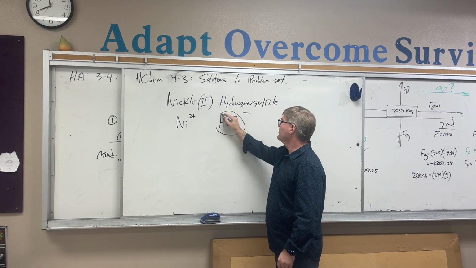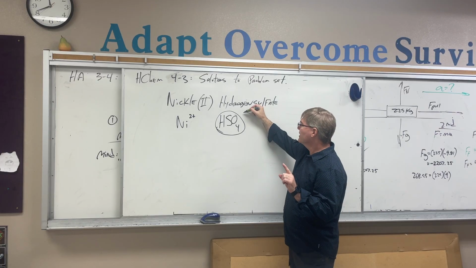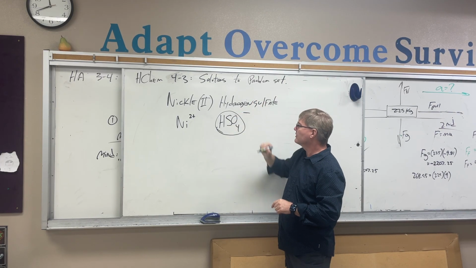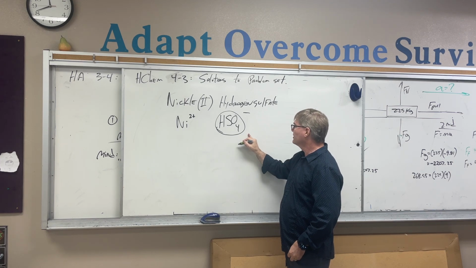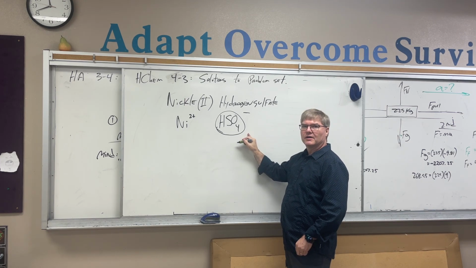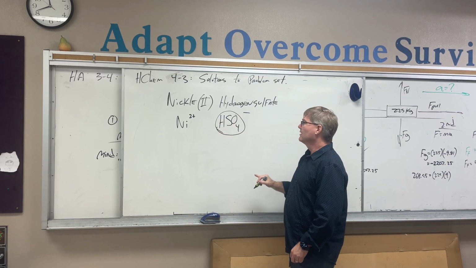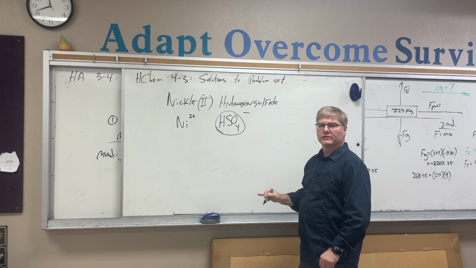Therefore, we're going to treat this like one thing, and in the upper right-hand corner of this one thing, we will put its overall charge, and down here is where we would write the ratio in a compound of this one thing.